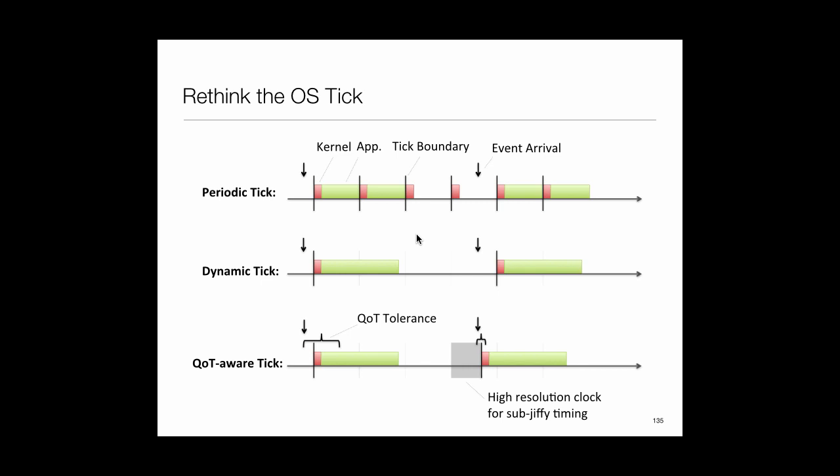So perhaps my tick rate should be dynamic, and I should take into account the uncertainty when creating this tick. When an application says 5 seconds, you ask it, is it 5 seconds plus or minus 100 milliseconds, or 5 seconds plus or minus 10 milliseconds? That knowledge could be used here, because if it is 5 seconds plus or minus 100 milliseconds, your tick could be a lot slower than what it normally is.